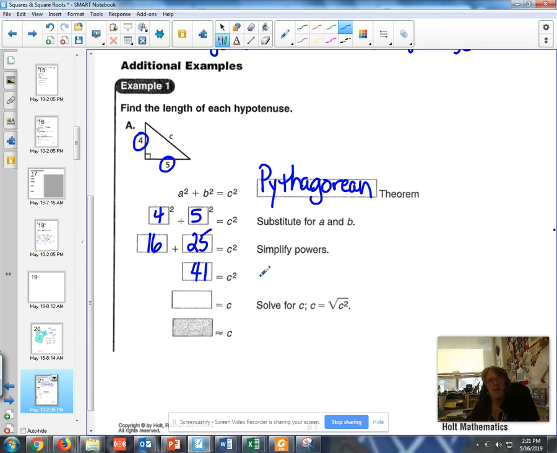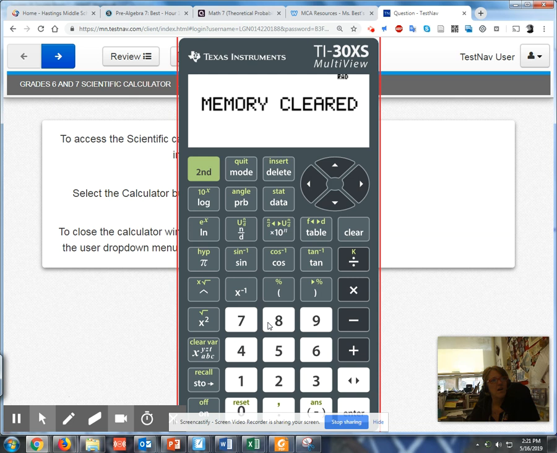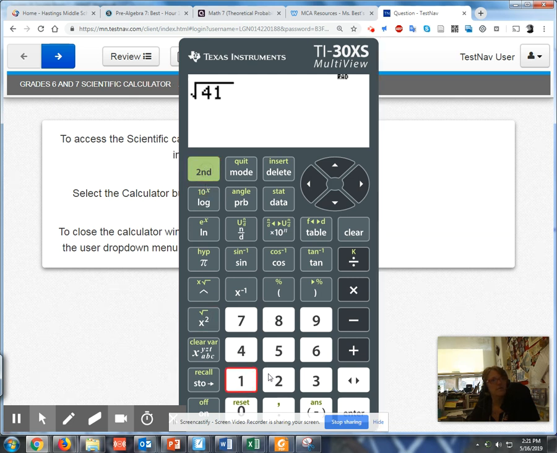So that means if I want to find out what C is, I have to undo the squaring by taking the square root. So C squared is 41. That means C is the square root of 41. Cool beans. Square root of 41 equals. Oh yeah, this calculator loves to leave it in exact radical form.